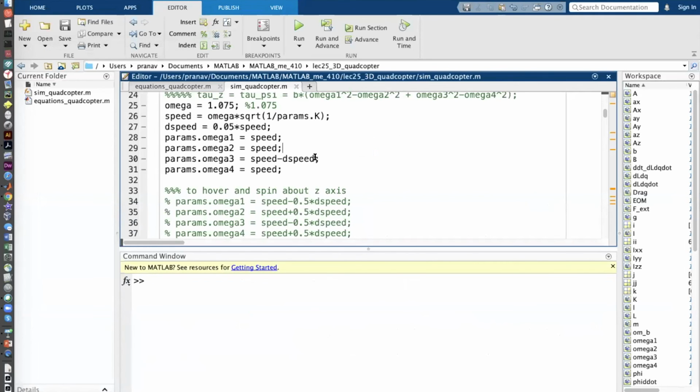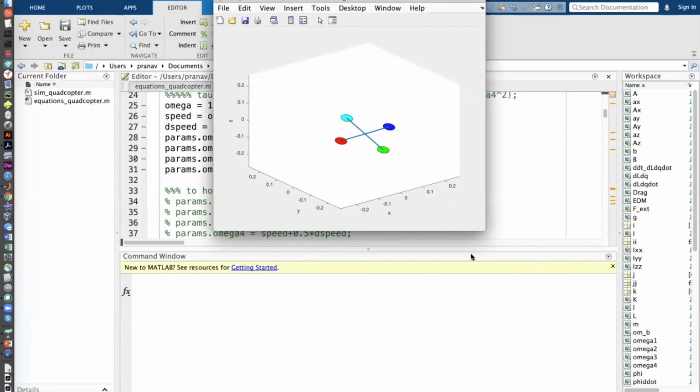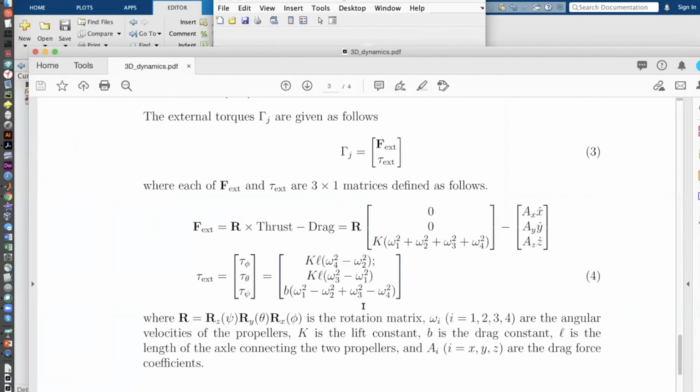And then the last thing I need to do is probably change omega 2 relative to omega 4 to get it to spin about the x-axis. Okay, now you can see it's spinning about the x-axis and it crashes. The same reasoning applies. I'm changing this. The difference here is not equal to 0, and that's why the spin about the x-axis.